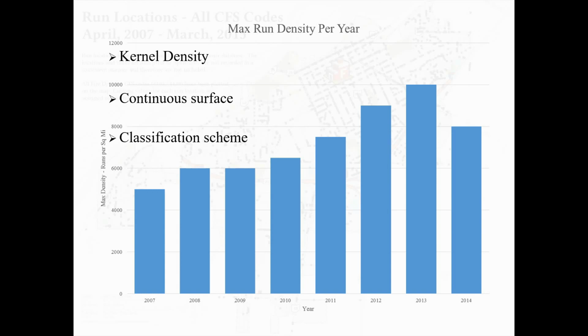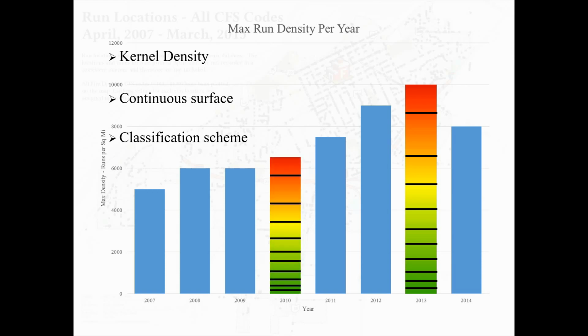But if we want to look at how data changes over time, we need to consider our classification scheme. Because if you just did the kernel density for each year and gave it its own classification scheme, you might have 2013 as one classification scheme, 2010 as another, and you wouldn't be able to directly compare those years because each would have 10 classes.